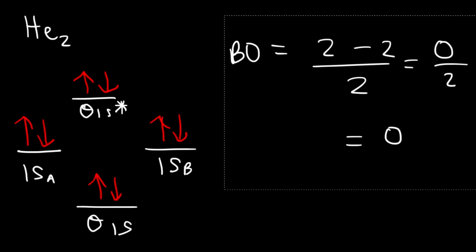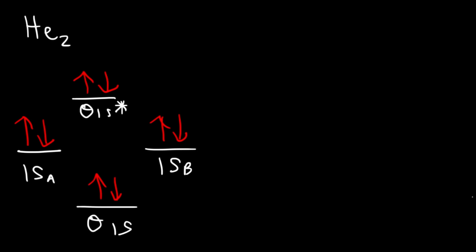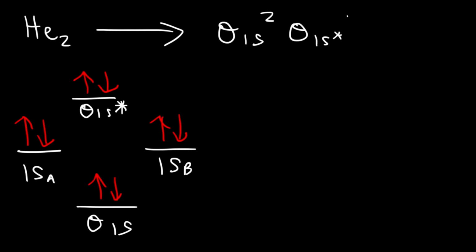And helium gas exists as individual helium atoms, not as diatomic molecules. The electron configuration for this molecule is going to be sigma 1s with 2 electrons and sigma 1s star with 2 electrons. So that's how you can write the electron configuration for that substance, even though it doesn't exist.